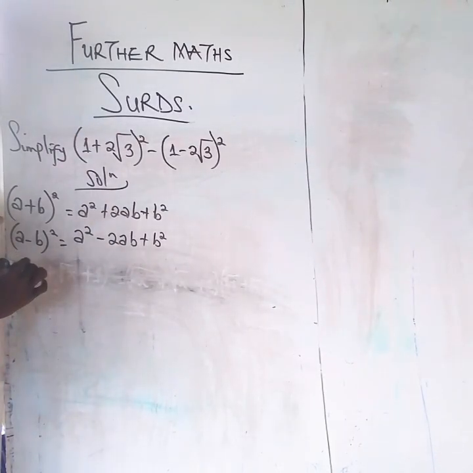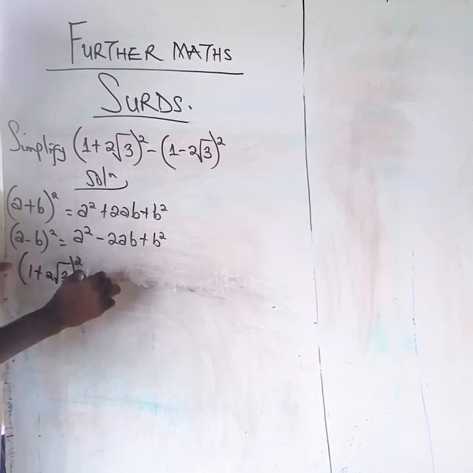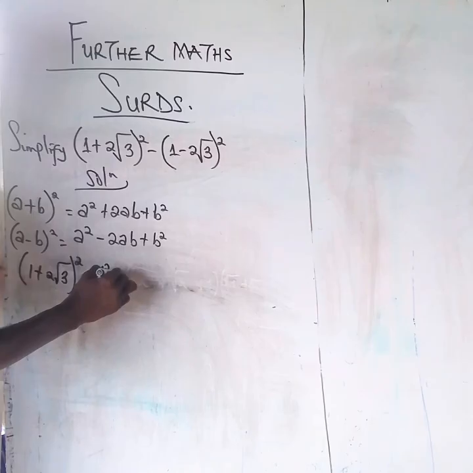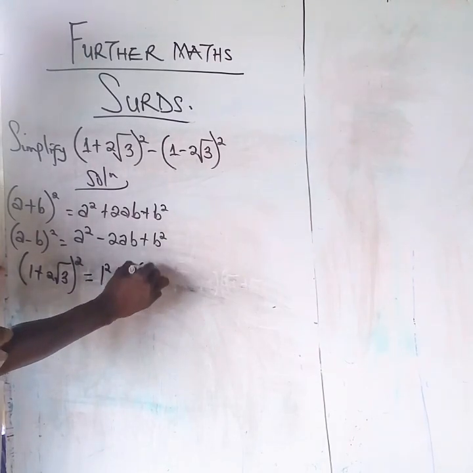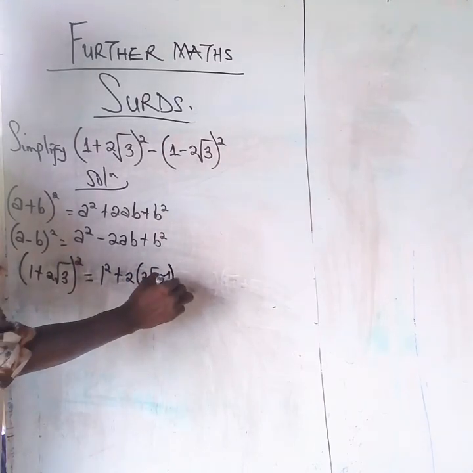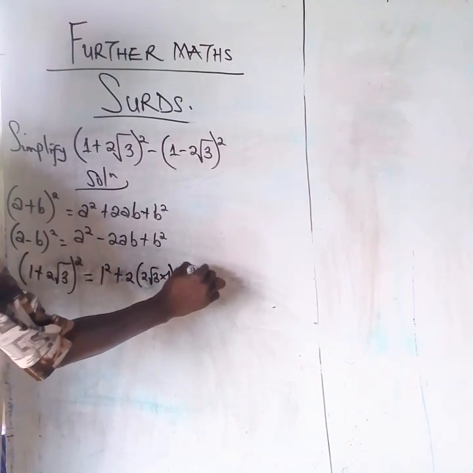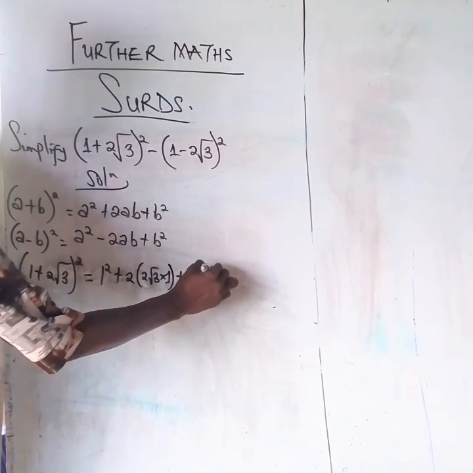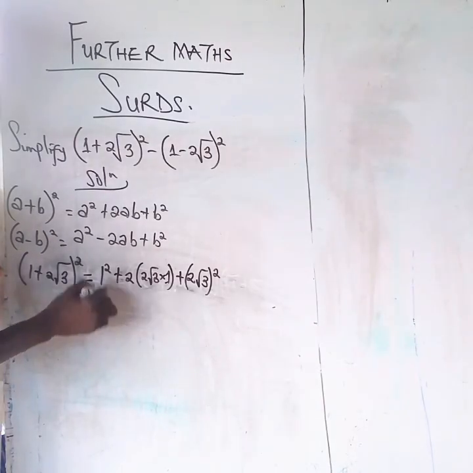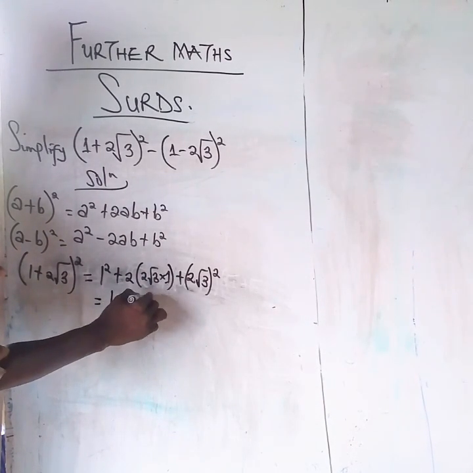So that means 1 plus 2 root 3 all squared is equals to 1 square plus 2 into 2 root 3 times 1 plus 2 root 3 all squared, which will give me 1 square is 1, 2 times 2 is 4 root 3.